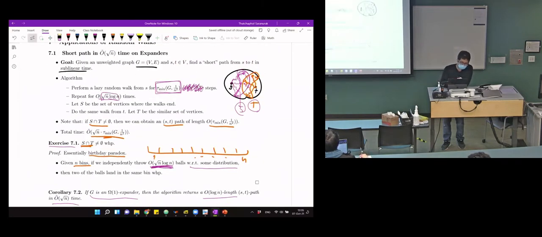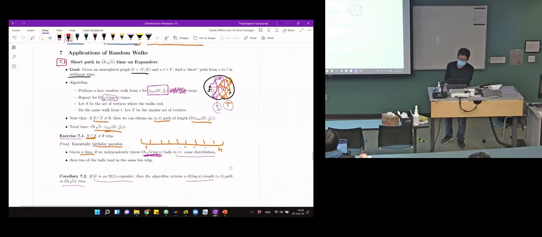All right, and then I mentioned quite quickly two applications of random walk. One is that on an expander, if you would like to find a path of logarithmic length between any two nodes, you can spend just root n time. You don't need to read the whole graph.